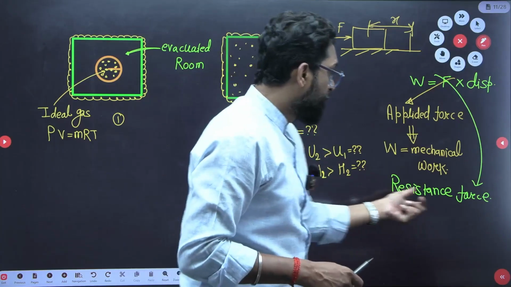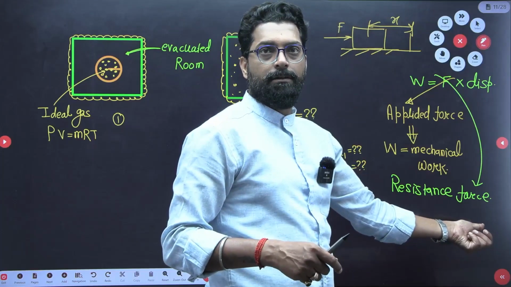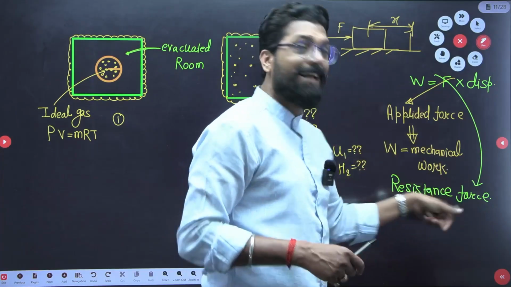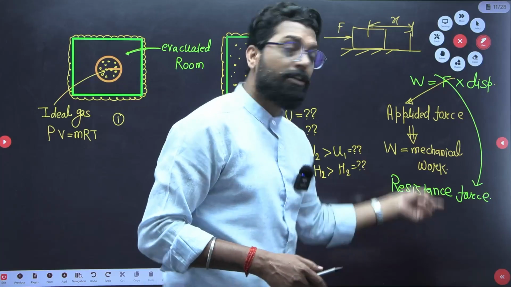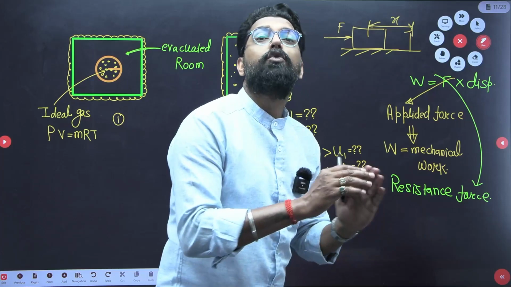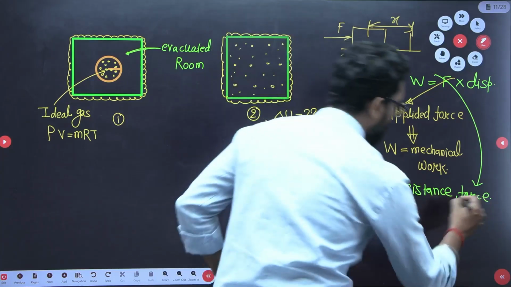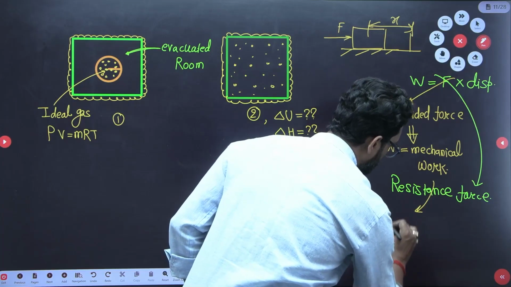That means if the displacement is against a resistance, it is thermodynamic work. If there is no resistance force, though there may be an applied force, there is no thermodynamic work. So if a resistance force is there, due to this resistance force the work is called thermodynamic work.